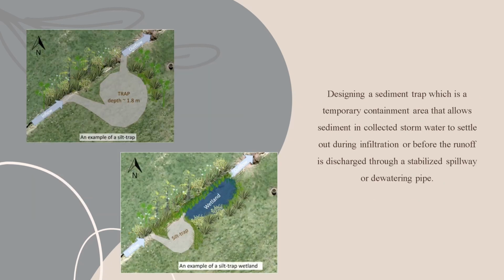Next, the sediment trap. Designing a sediment trap, which is a temporary containment area that allows sediment in collected stormwater to settle out during infiltration or before the runoff is discharged through a stabilized spillway or dewatering pipe.